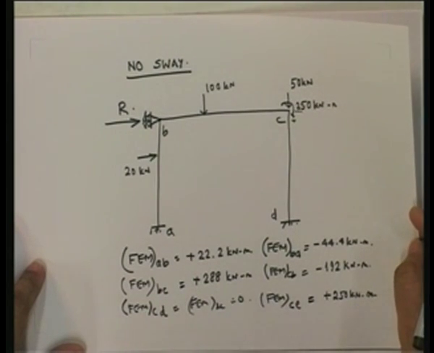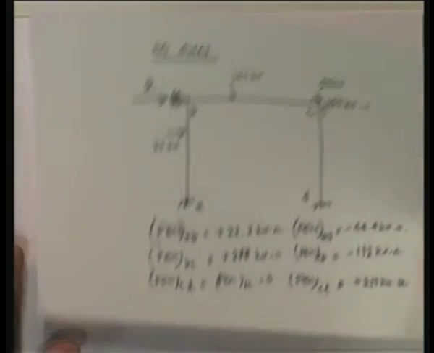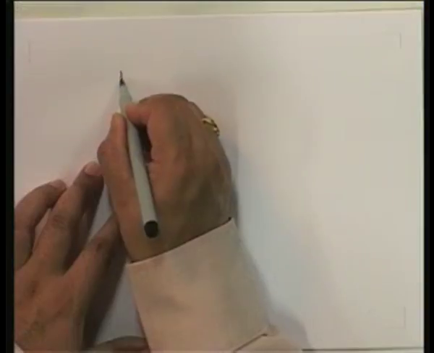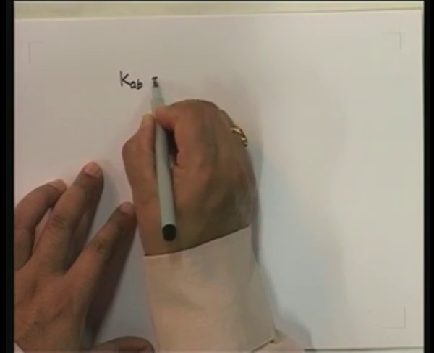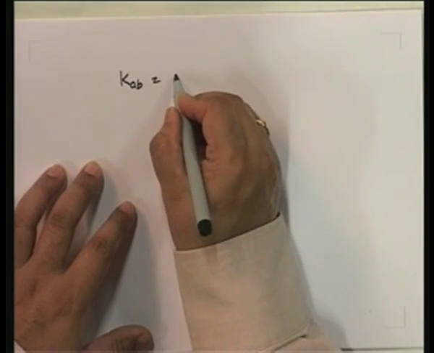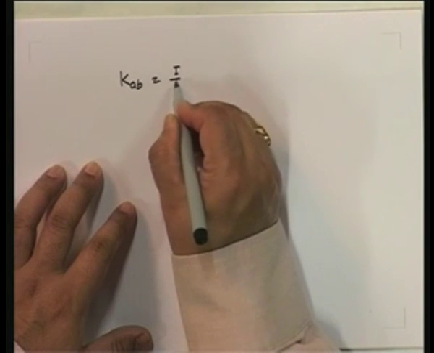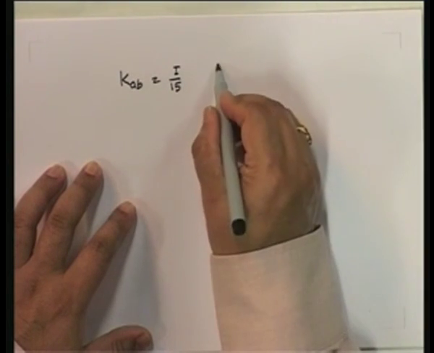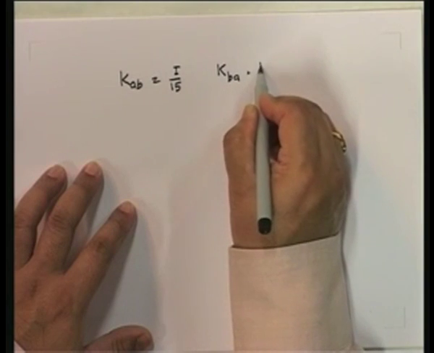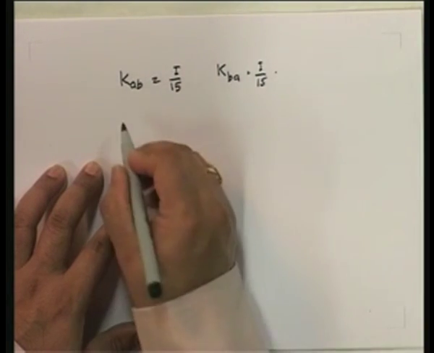Okay, so the only thing is that CE will not take any part in the stiffness. It is not a member which takes any part in the stiffness. So when we compute the relative stiffnesses, KAB, AB is a normal member, so KAB is going to be I upon 15. KBA is equal to I upon 15.